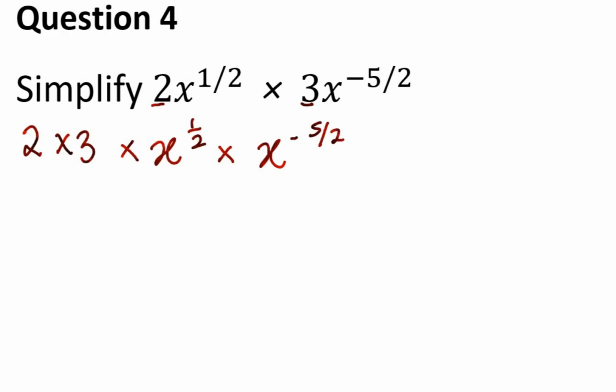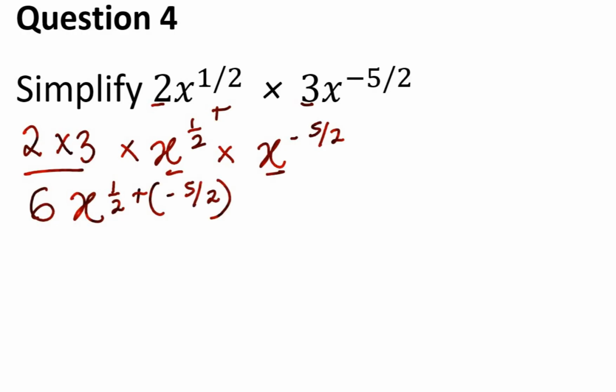Once you sort the expression, 2 times 3 is 6. Remember the first rule of indices: if the bases are the same, you pick one and add the exponents. So we have 1 over 2 plus negative 5 over 2.